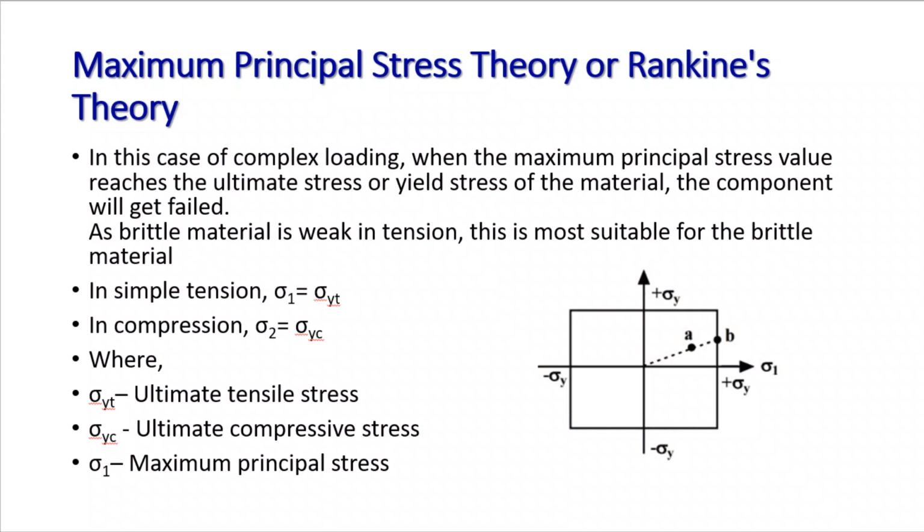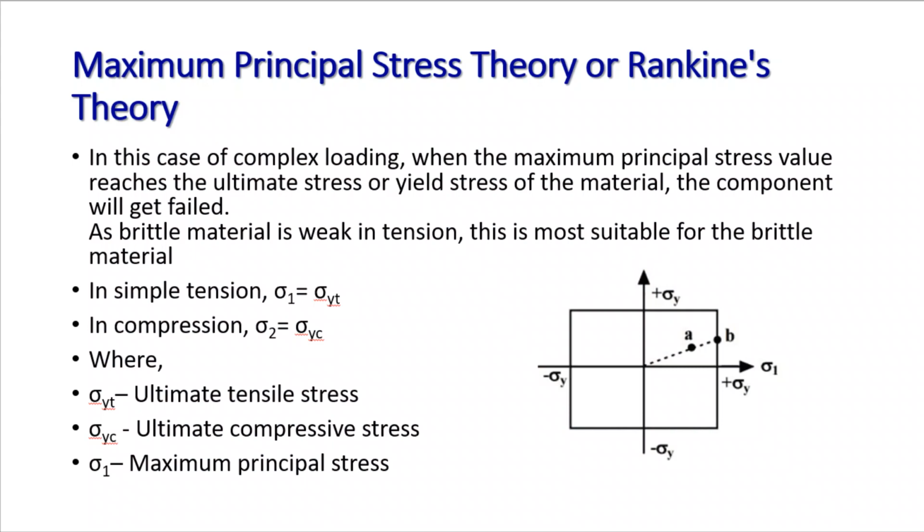Our first theory is maximum principal stress or Rankine's theory. In this case, in a complex loading, when the maximum principal stress reaches the ultimate stress or yield stress of the material, the component will fail. Here the quantity of interest is principal stress.